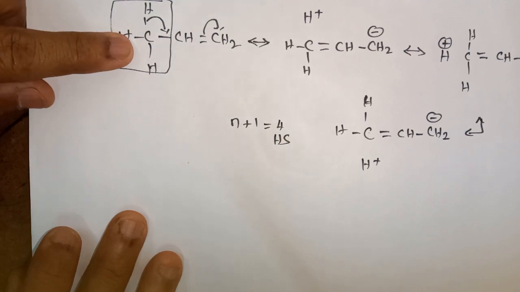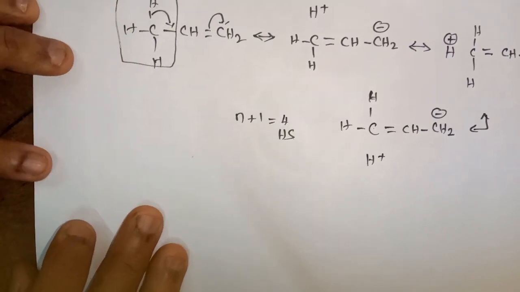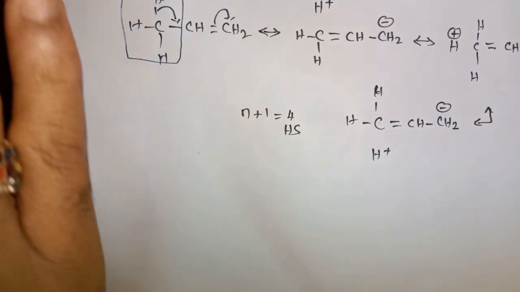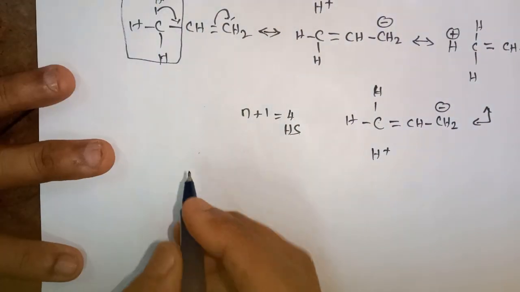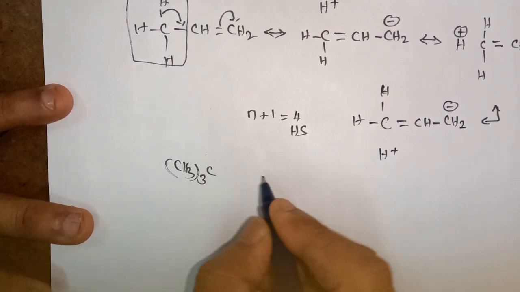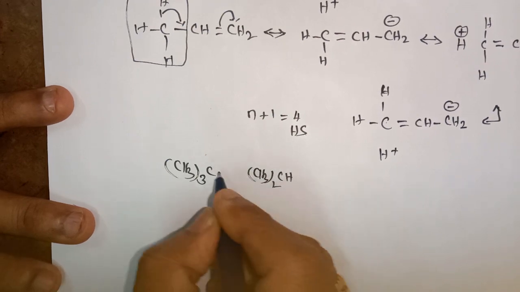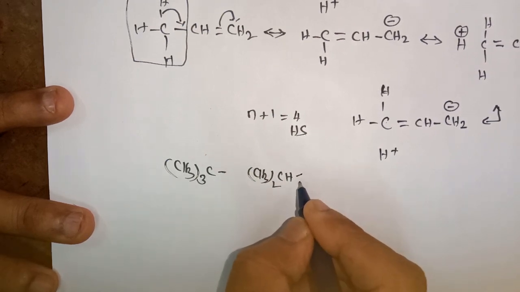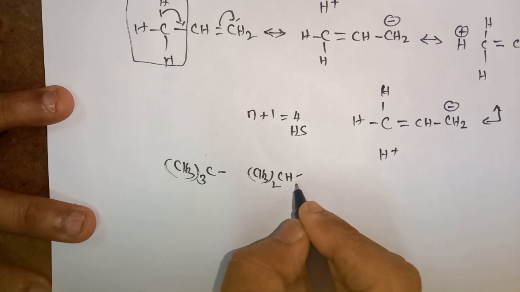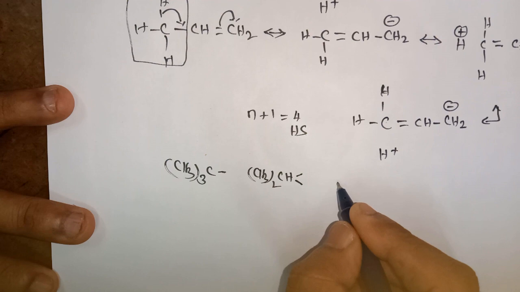Then this is called an alkyl group. Now you all know the inductive effect. In the inductive effect, the order for alkyl groups is tertiary, then secondary, then primary.